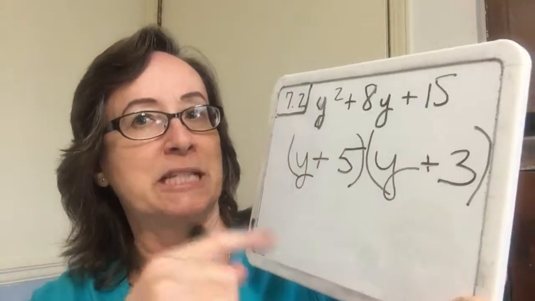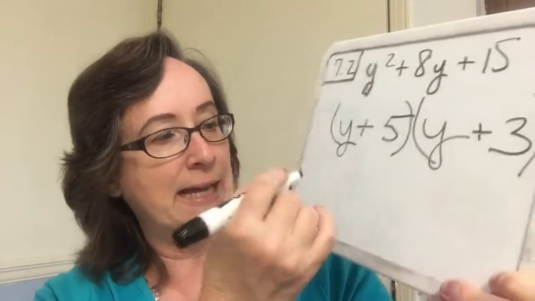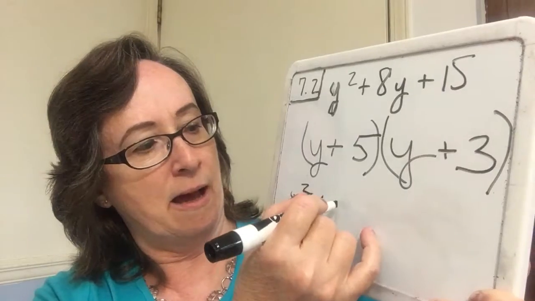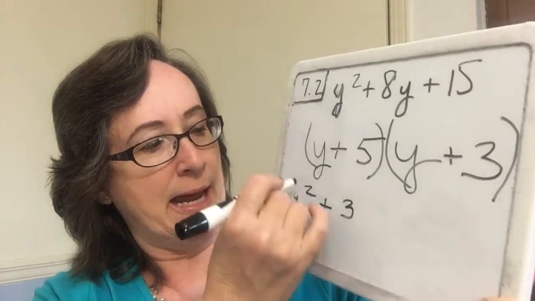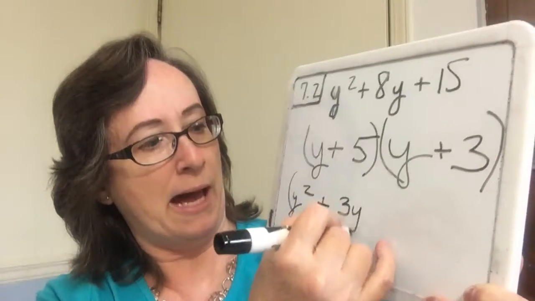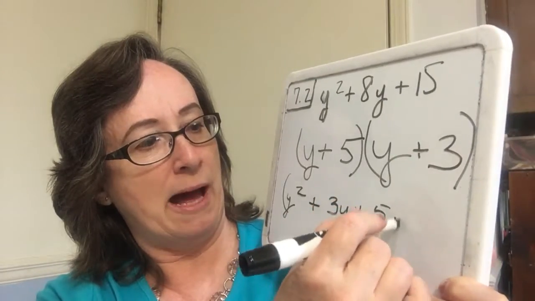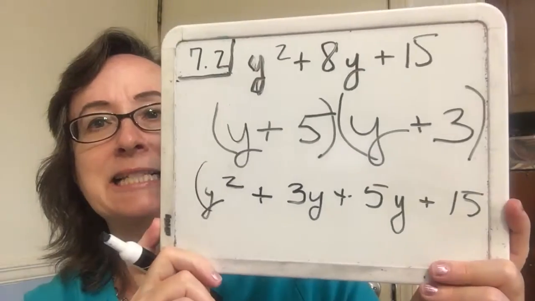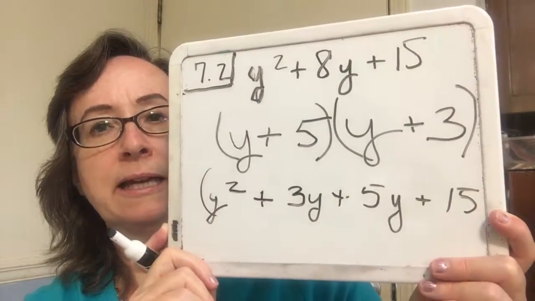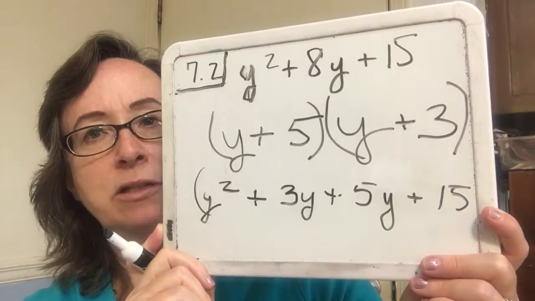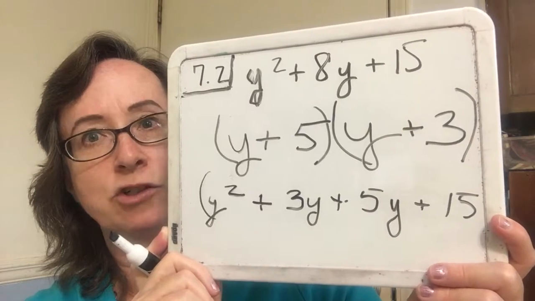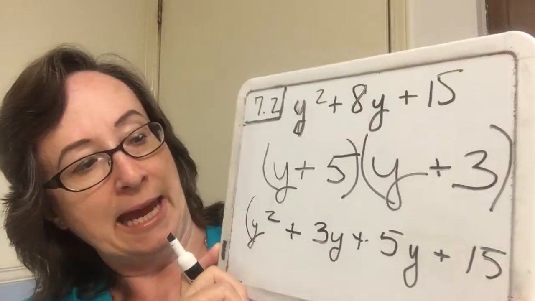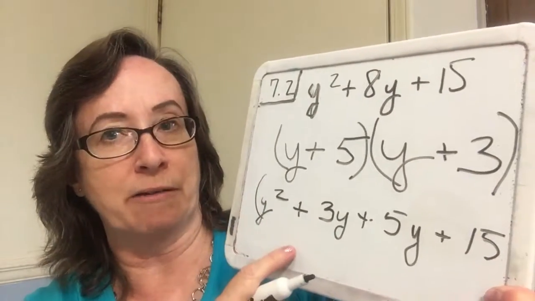And then I would split up the 8, and I would end up with y squared plus 3y plus 5y plus 15. Okay, so basically I split a trinomial, and I take that middle term, the 8y, and I split it into 2 parts. So my trinomial becomes 4 terms. And then I factor by grouping.